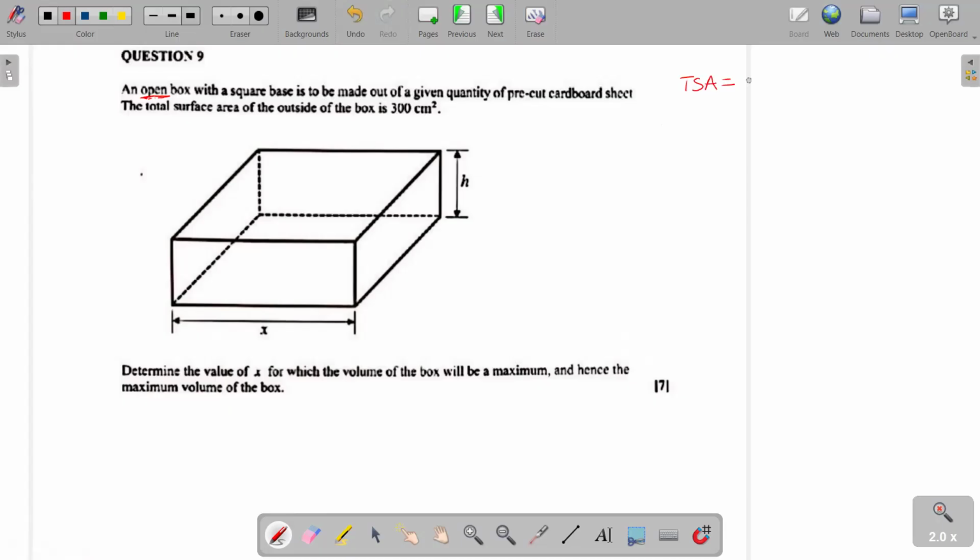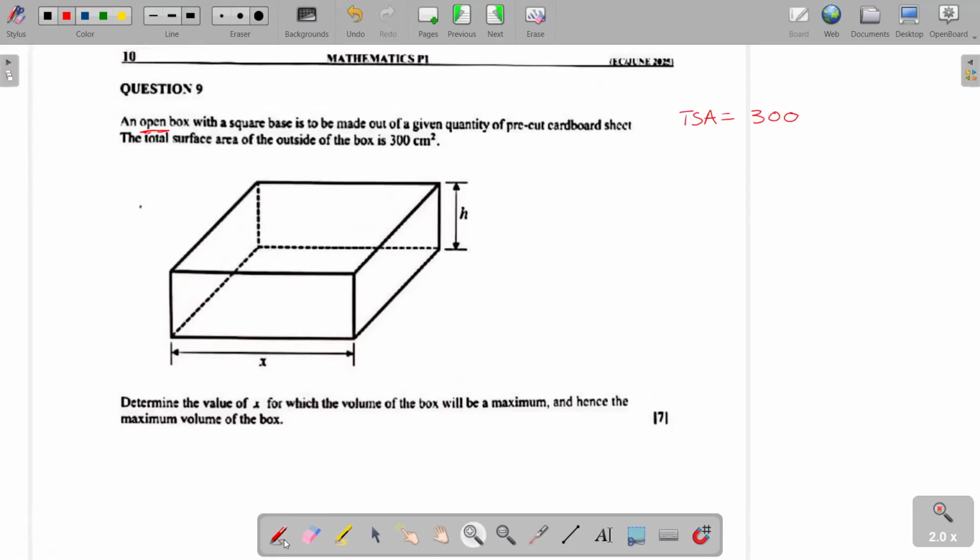We are given that the total surface area is equal to 300 square centimeters. Then from what you are given, this is x, but since you are told that the base is a square, it would therefore follow that this will also be equal to x.